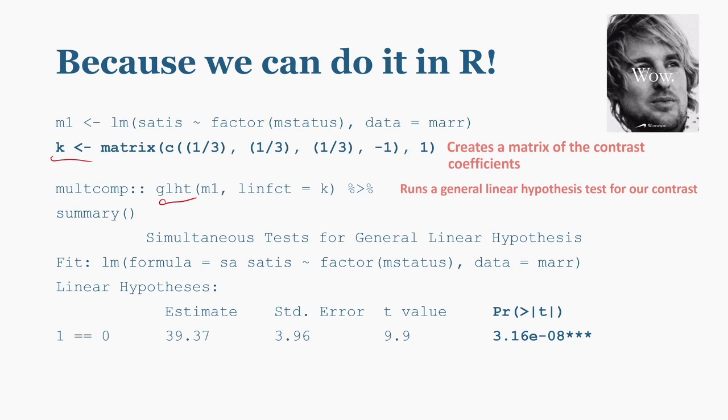That produces this output, which should look pretty similar to our regression output. We have an estimate, a standard error, a t-value, and a p-value. And as we can see here, this contrast is statistically significant.